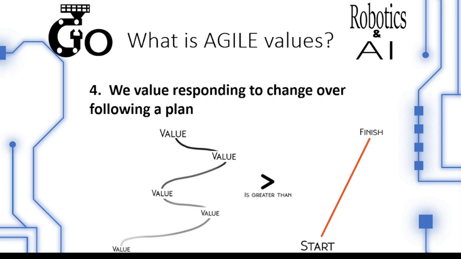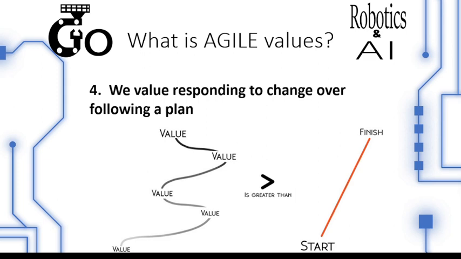But in the agile methodology, there will not be a constant plan that goes from the beginning to the end. Instead, they provide a plan for each sprint, and after each sprint, the plan will be modified based on the situation.